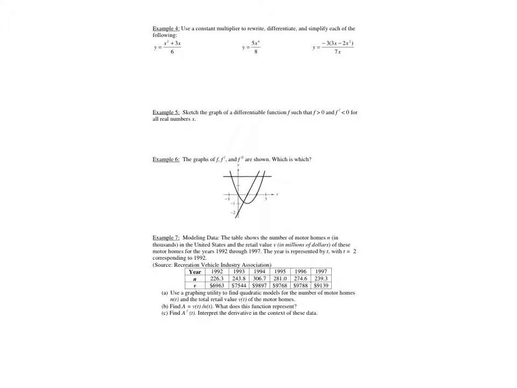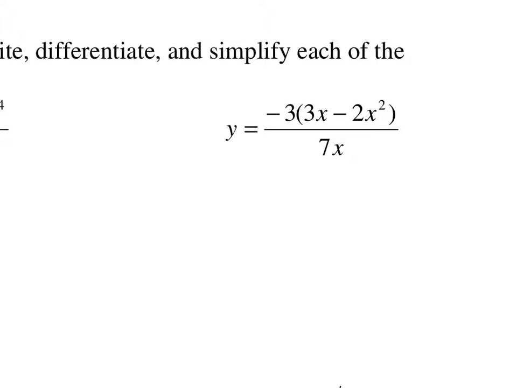All right, so let's do example 4. Let's do this third part. We'll skip the first two because those are pretty simple. I think you guys are getting things well enough. It says to rewrite with a constant multiple. Remember, if you had a 4x squared, you just take the derivative of x squared and then at the end multiply it by 4.